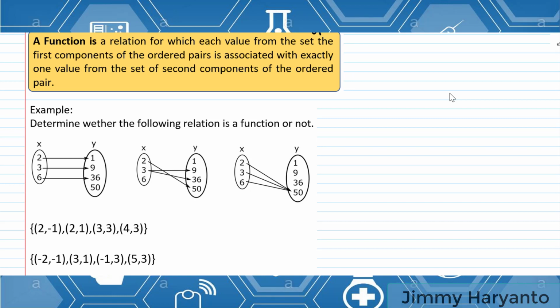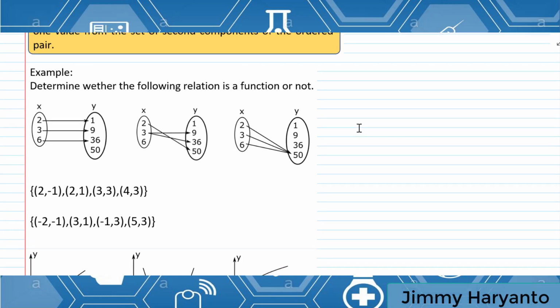Yeah, based on that we can determine whether the following relation is a function or not. For the first one, 2 pairs up with 1, 3 pairs up with 9, 6 pairs up with 36. Each value of x pairs up with one value of y, so we can say it is a function.